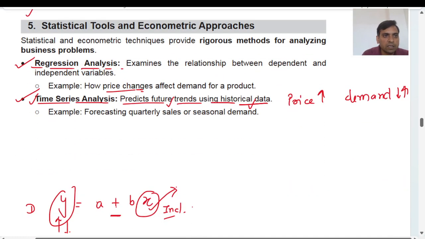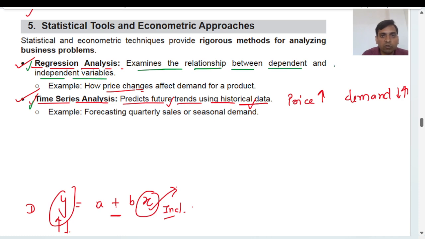These two points, regression analysis and time series, examine the relationship between dependent and independent variables. In case of time series, time is independent, and sales is dependent on time. That's why in time series we consider y on t, y equals a plus bt.